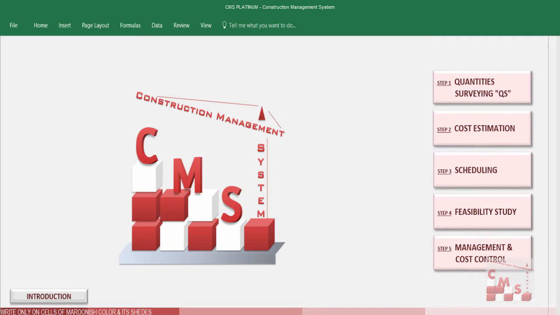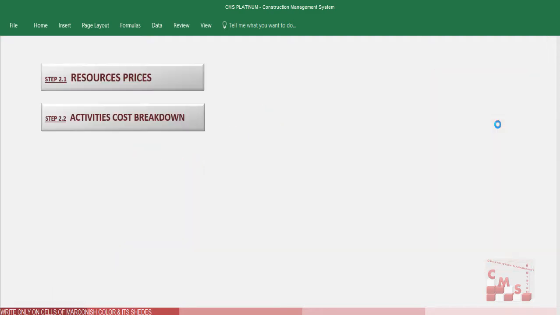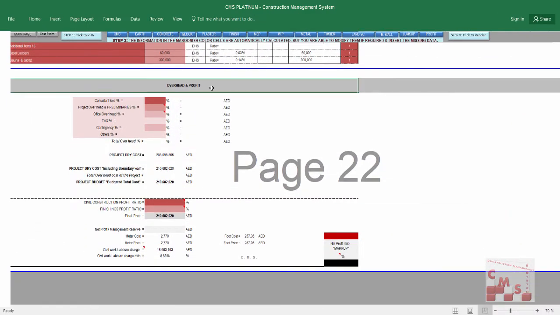We'll continue today the cost breakdown in cost estimation. The overhead and the profit are a very important part in CMS. There are hidden overheads that cannot be directly asked from the client, but must be added in each activity, like the project overhead and the primaries, also office overhead, taxes and authority fees, and contingencies, which are required to be added to the project cost to provide the budget of the project.